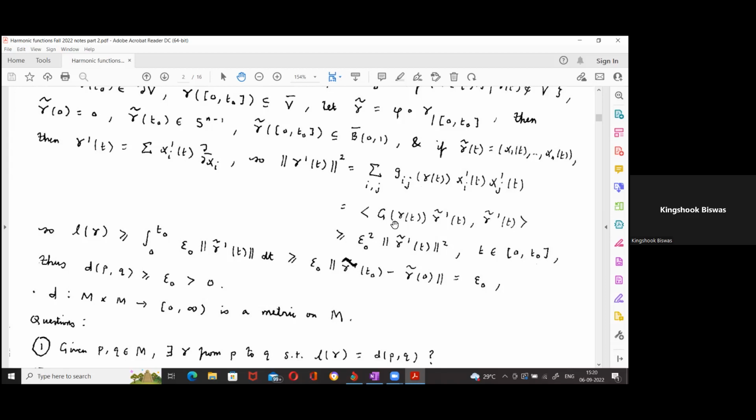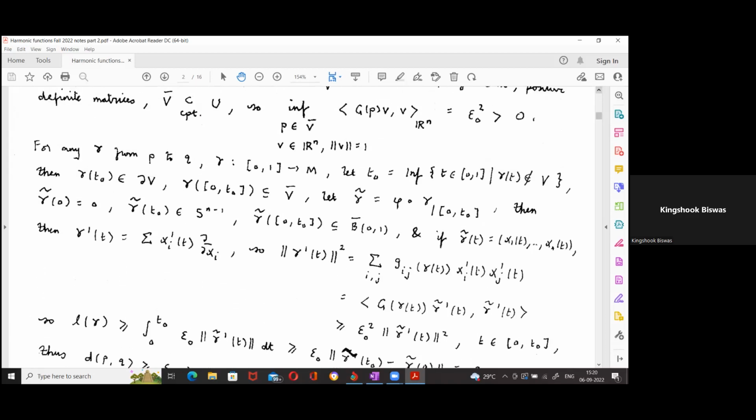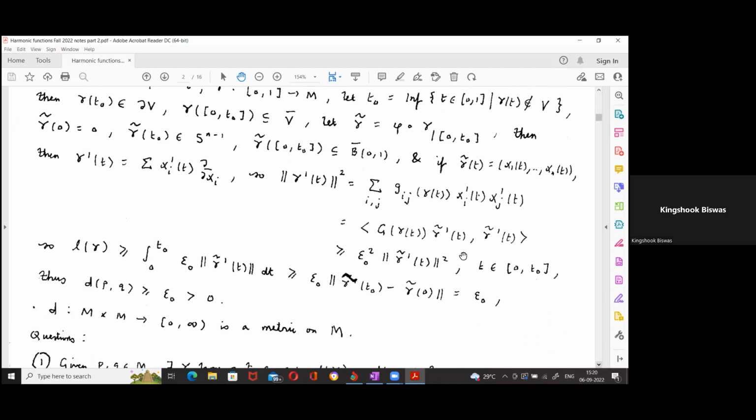That is the same as the Euclidean inner product g(gamma(t)) applied to gamma tilde prime(t), gamma tilde prime(t). And because the infimum of g(v,v) over unit vectors is epsilon naught squared, this inner product will be greater than or equal to epsilon naught squared times the norm of gamma tilde prime(t) squared.